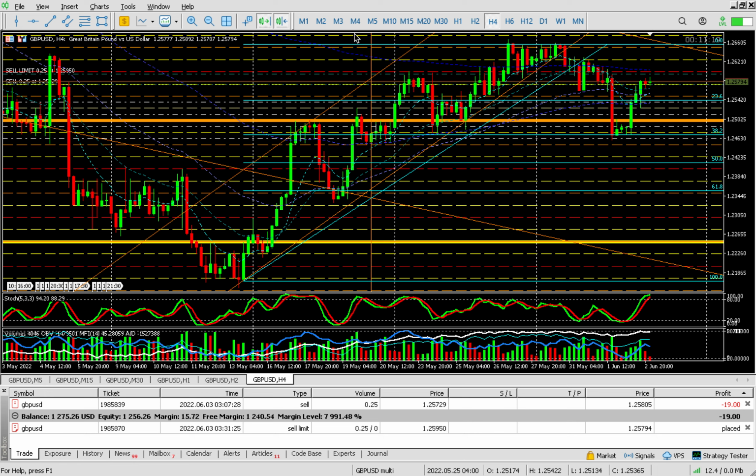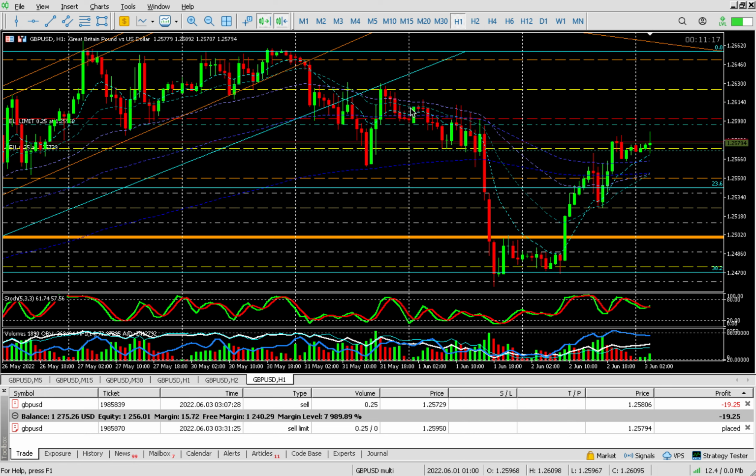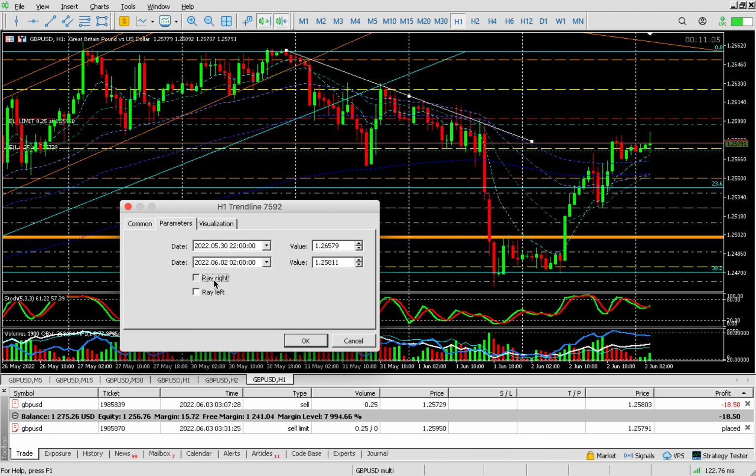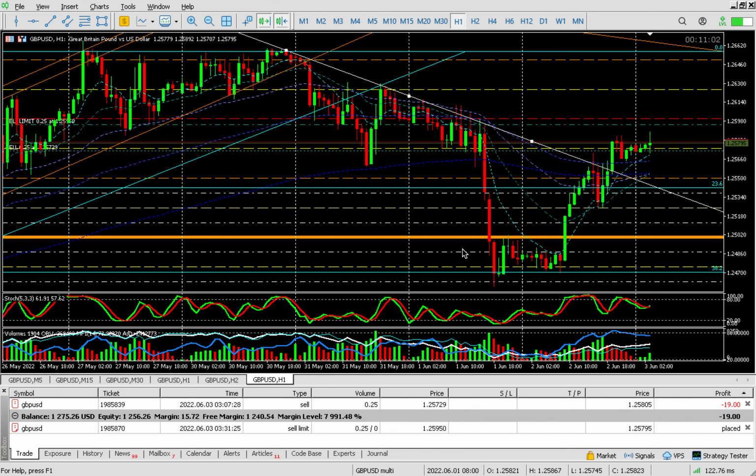And this is interesting too. Basically it broke through this trend line. Boom. And now what's going to happen?